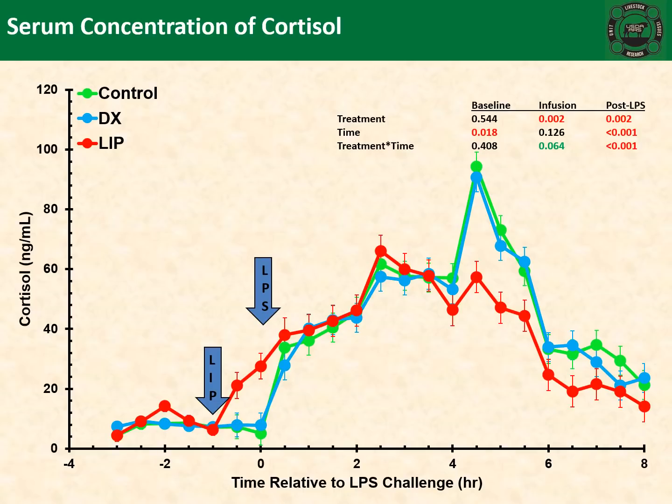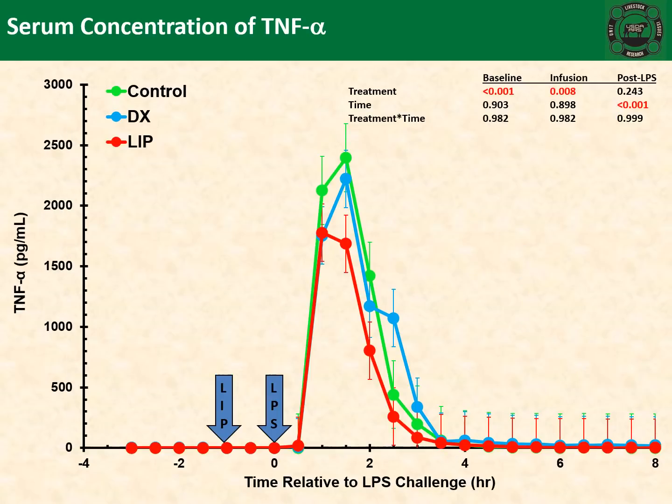Interestingly, while the lipid-infused calves displayed a greater fever response, the graph shows that the cortisol response was actually blunted in those calves. Likewise, serum concentrations of tumor necrosis factor alpha, or TNF-alpha, one of the primary pro-inflammatory cytokines associated with the innate immune response, were also lower in the lipid-infused calves following the endotoxin challenge.